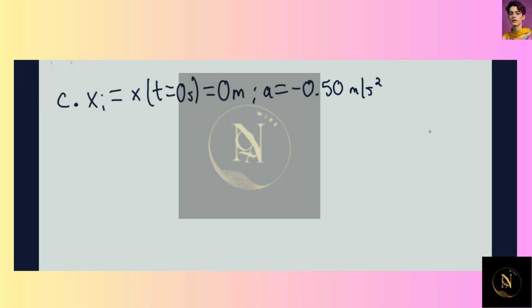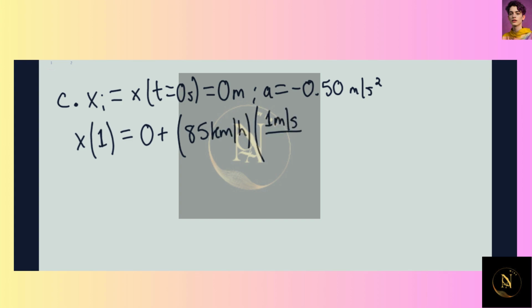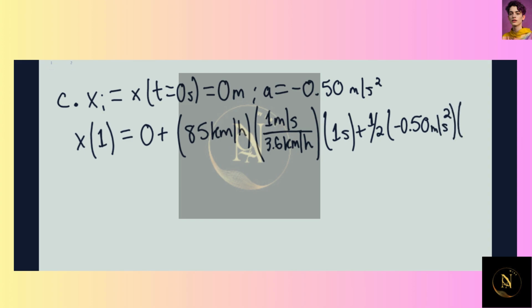So we can say that for x in the first second, this would be equal to 0 plus 85 kilometers per hour multiplied by 1 meter per second divided by 3.6 kilometers per hour multiplied by 1 second plus 1/2 times negative 0.50 meters per second squared multiplied by 1 second quantity squared.